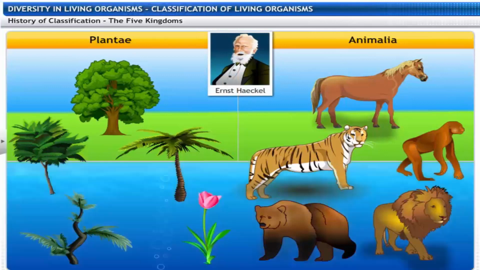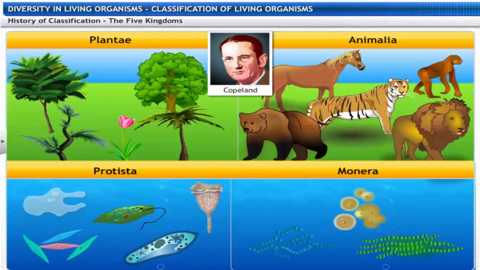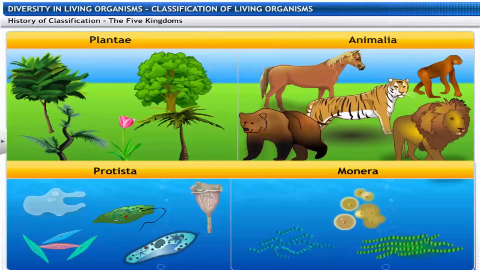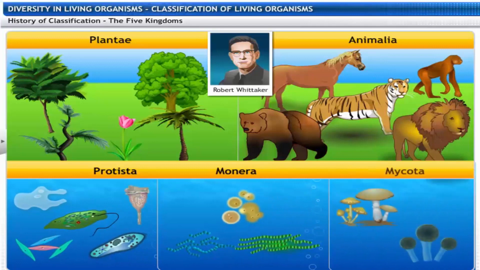Ernst Haeckel proposed Protista to include eukaryotic unicellular organisms. Copeland introduced Monera to include all the prokaryotic organisms. In 1969, Whittaker proposed Mycota to include fungi. This led to a 5-kingdom classification proposed by Whittaker, which is still used today.